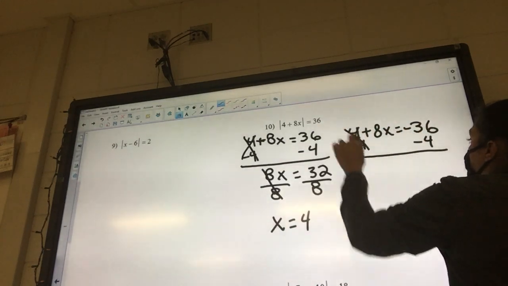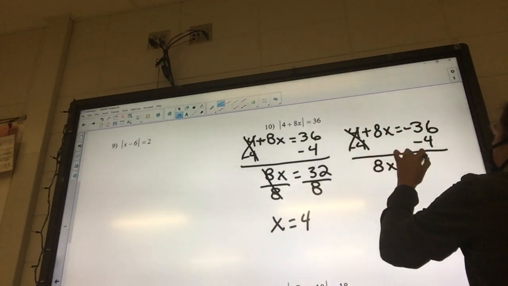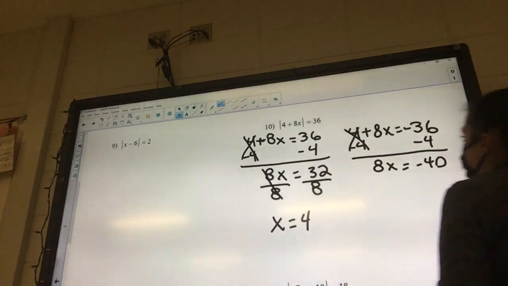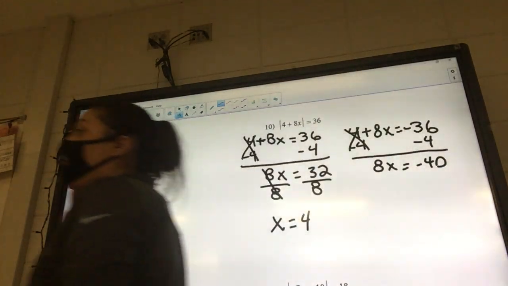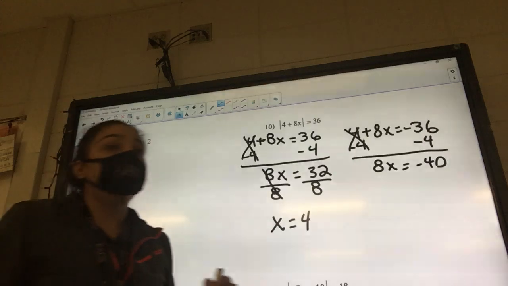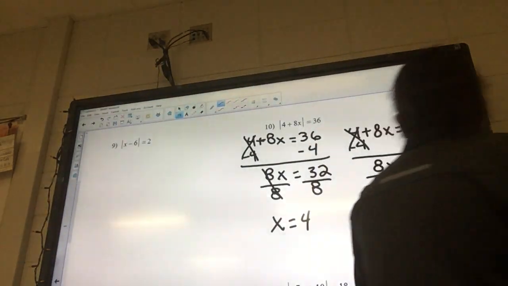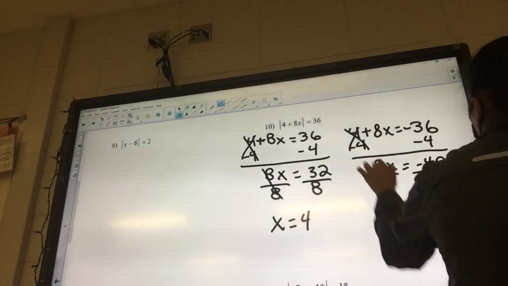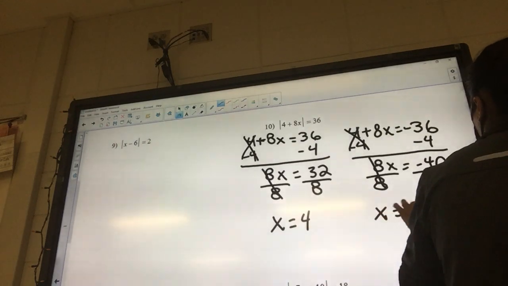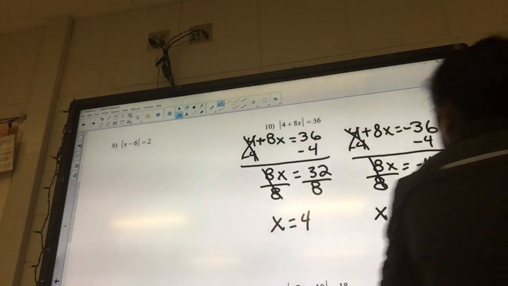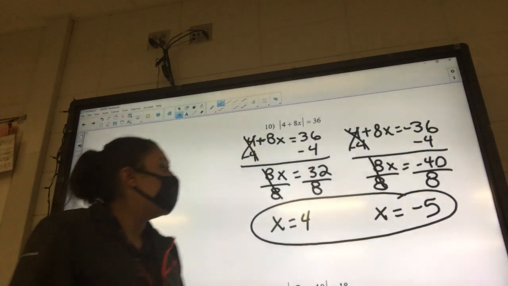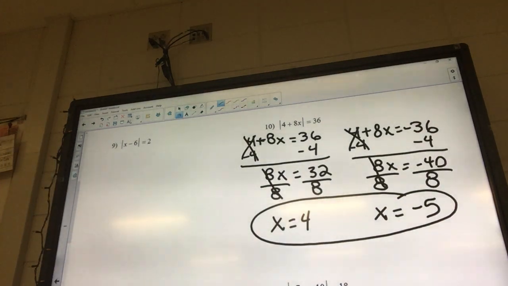I'm going to do the same process on the other side. So I got negative 40 for the other one instead. And then I divide by 8. Okay, so you should get 4 and negative 5 for your 2 answers.